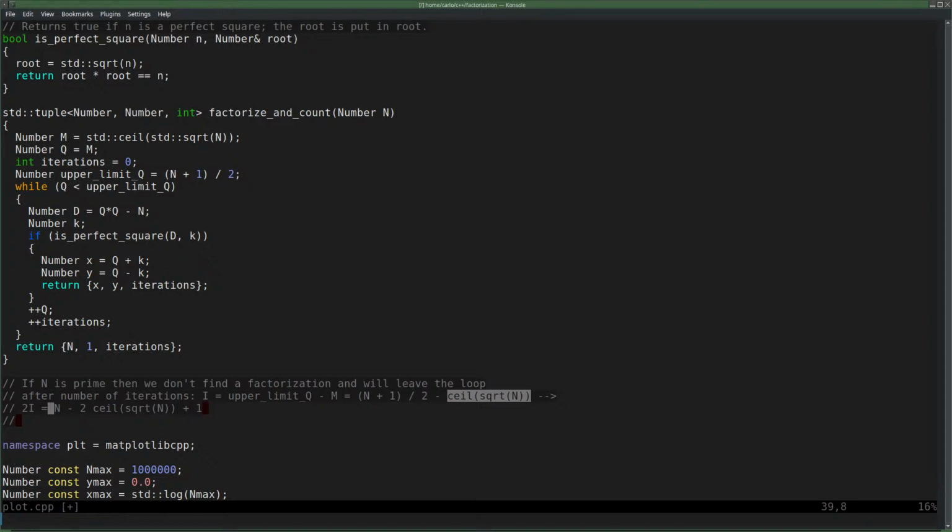And n can be written as the square root of n squared. So this is more or less just too bad of the ceiling though. The square root of n plus 1 squared.